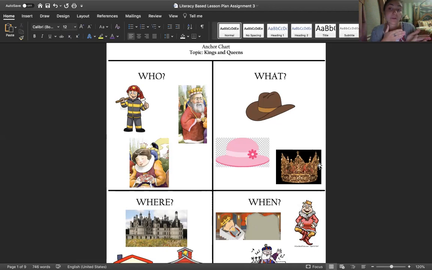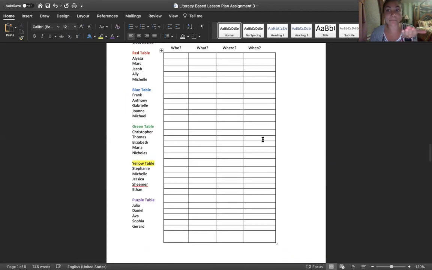So they could connect the content with the book as well as a visual. And this is the exact crown that's used in the book. So again, I'm connecting the book pictures and seeing if they can apply the information that they just heard. So what do kings and queens usually wear on their head? All of them would put the Post-it note on the crown. Or if they don't, again, I'll monitor it right there.